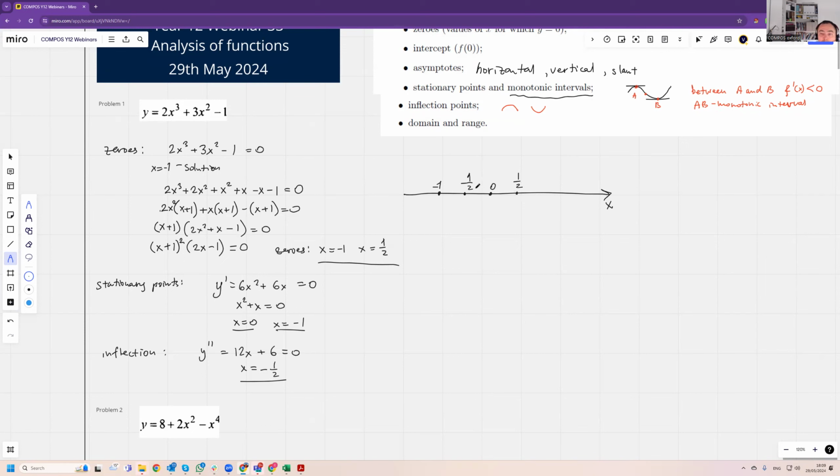First of all, we're going to determine whether the function is positive or negative, so above the x-axis or below. We will use the method of intervals.